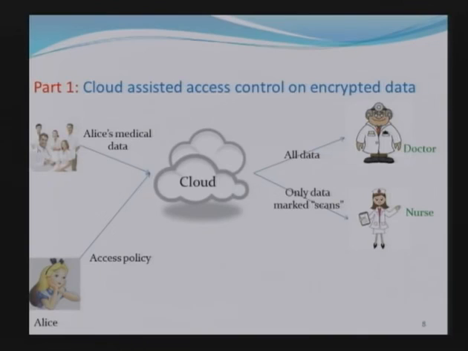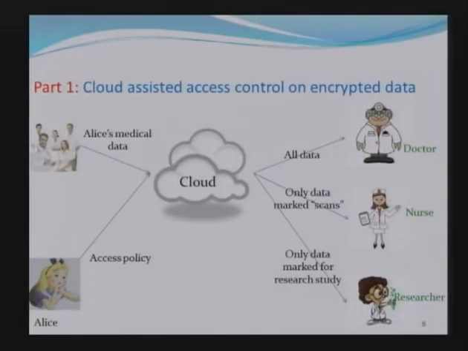So all this data is tagged in some way with specific keywords, and now she wants the nurse to be able to read only data that's marked scans. And thirdly, maybe Alice is taking part in some research study, and so she wants data that's explicitly marked for this research study to be available to the researcher, but the researcher should not get any other information. So this governs some access policy that Alice might have. And this access policy is given to the cloud by Alice.